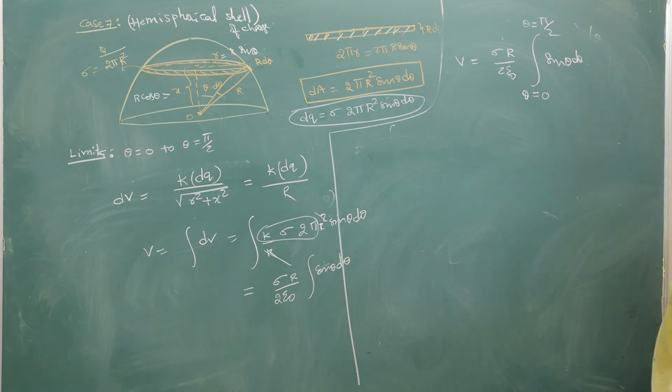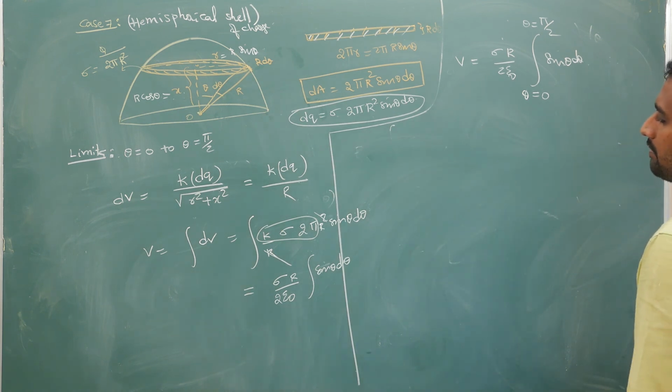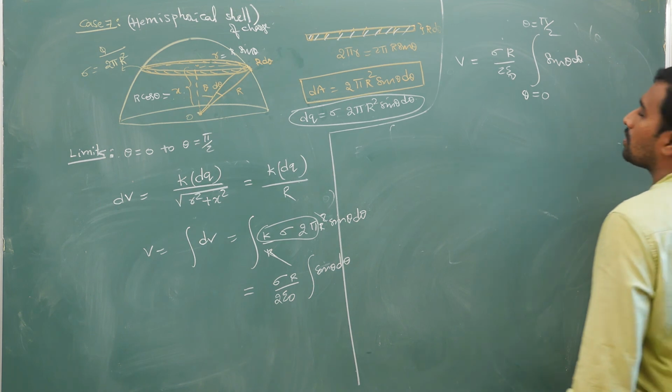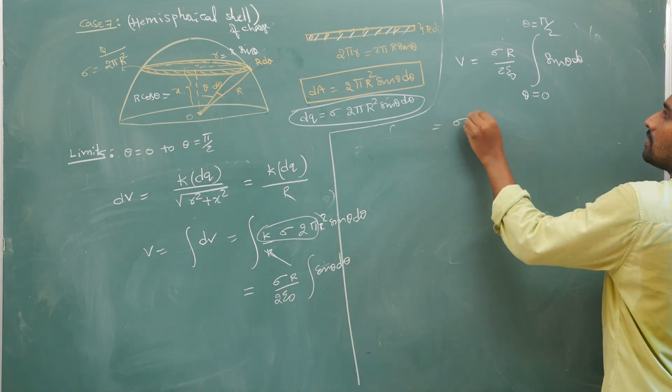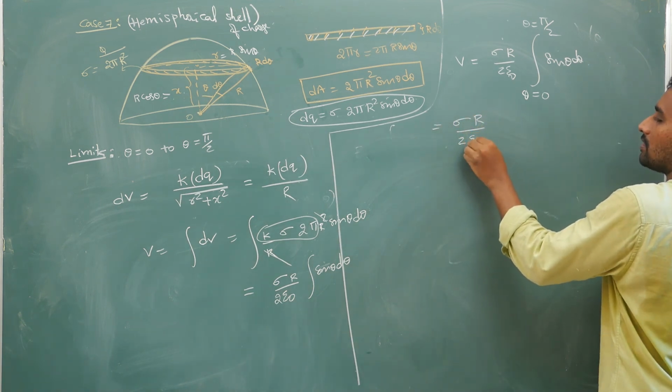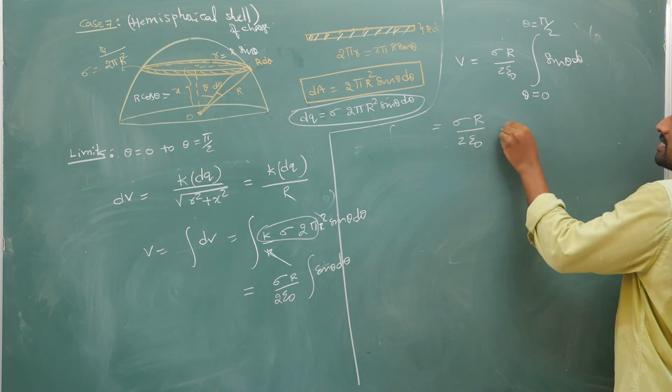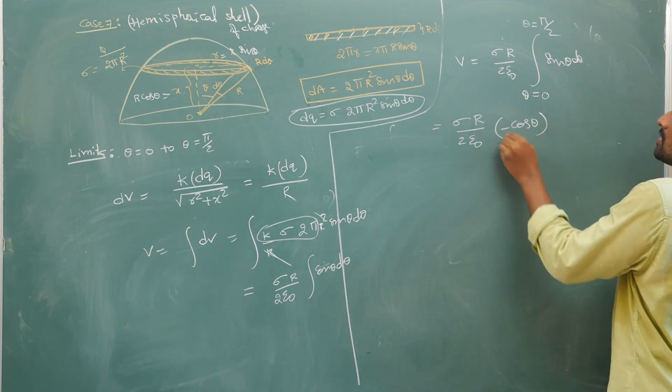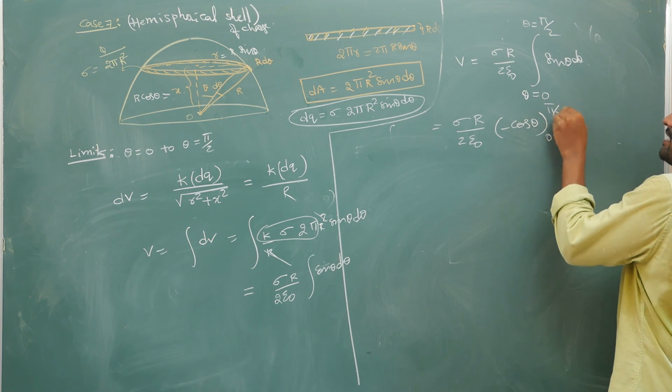Okay, hope I have done everything correctly, nowhere I have made any calculation mistake. So that will give you potential equal to sigma r by 2 epsilon naught times the integral of sin theta, which is minus cos theta from 0 to 90 degrees.